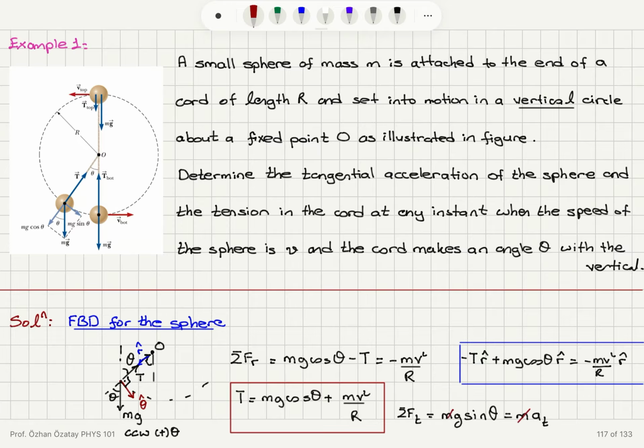The mass cancels and we're left with a tangential acceleration equal to g sine theta, so it's plus g sine theta, theta hat. Here we have chosen theta hat positive in the counterclockwise direction. Okay, so we can move on to another example.